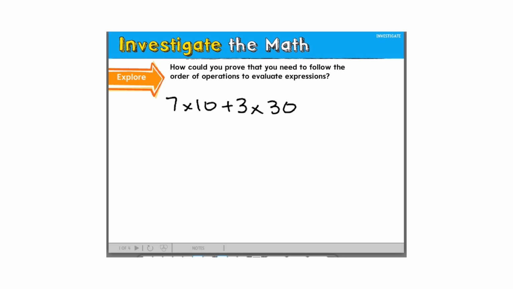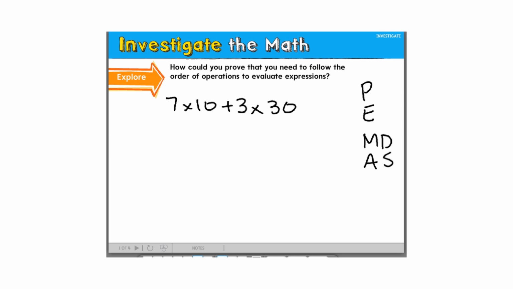Sometimes when you have, because this problem says 7 times 10 plus 3 times 30. So if we just started at one side of the problem and worked our way through, what order would we be doing here? We would be doing multiplying, then adding, and then multiplying again. And if we remember the order, it's multiply and divide first, and then add and subtract.